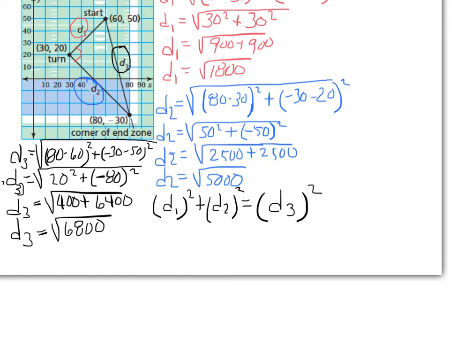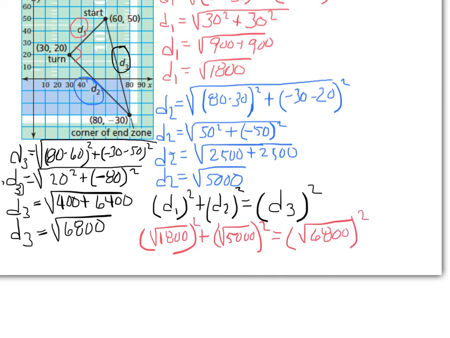So here's where that works. D1, we said, was the square root of 1800, so we square that. D2 was the square root of 5,000, and we square that. D3 we said was the square root of 6,800, and we square that.